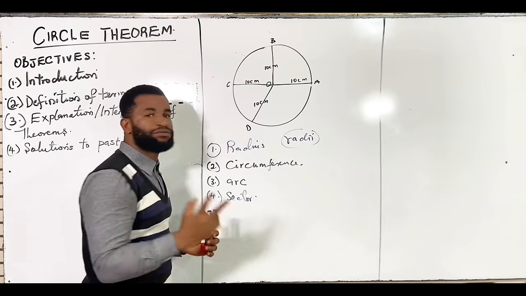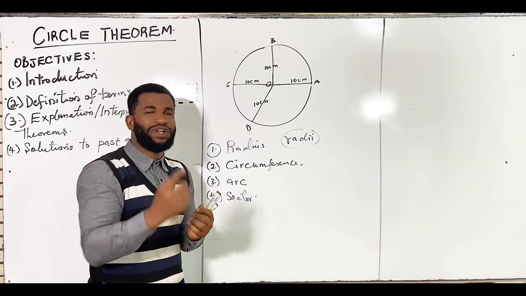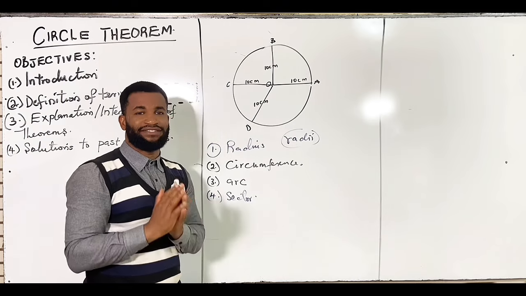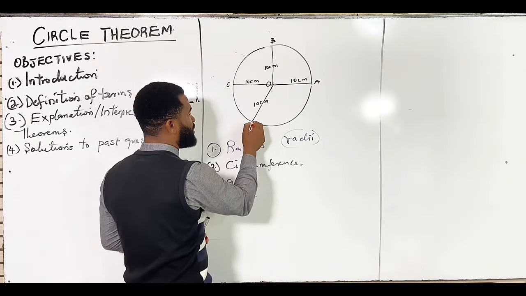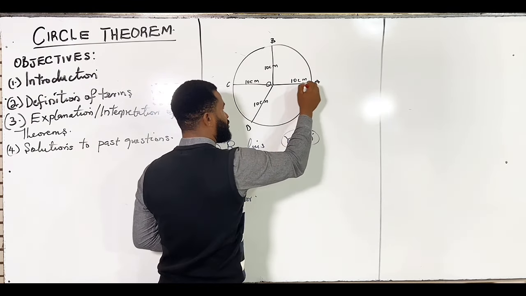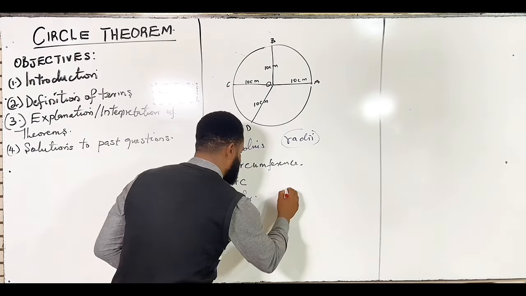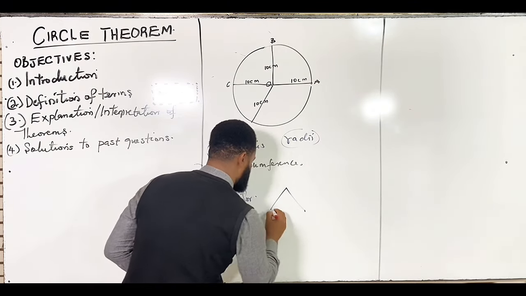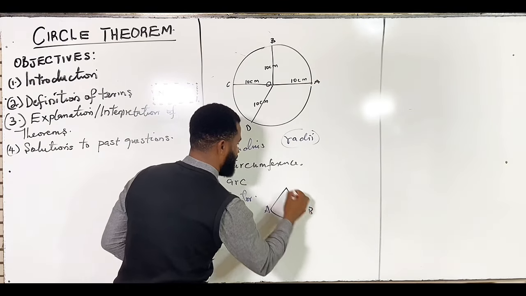So when 2 radii are formed with an arc, we say that a sector is formed. For example, if I go from center O, all the way to A and come back to O, we say that a sector is formed. And look at the shape of the sector. Let's say A, B, and this is O.